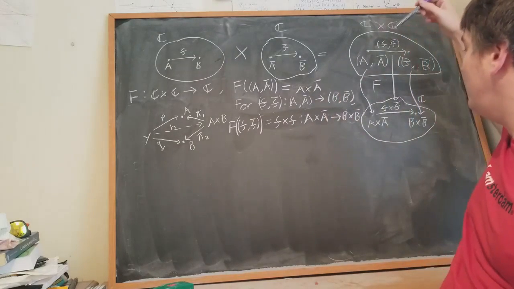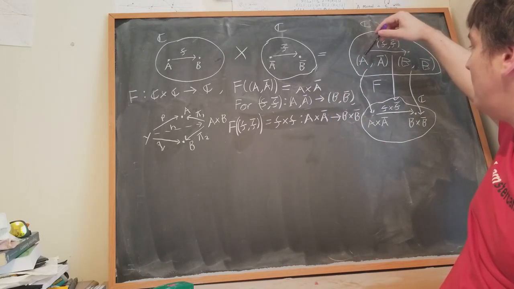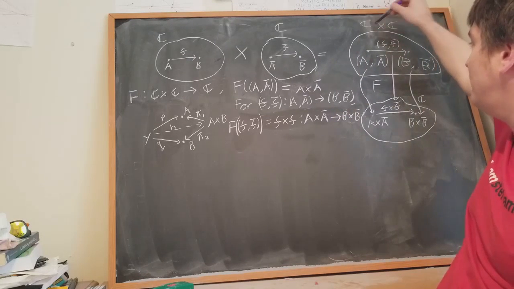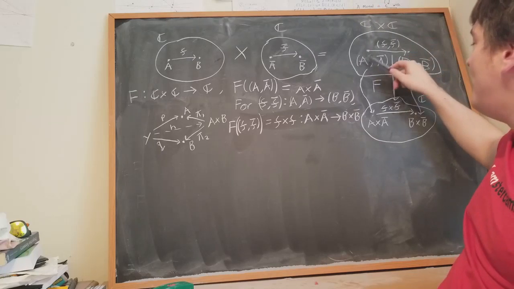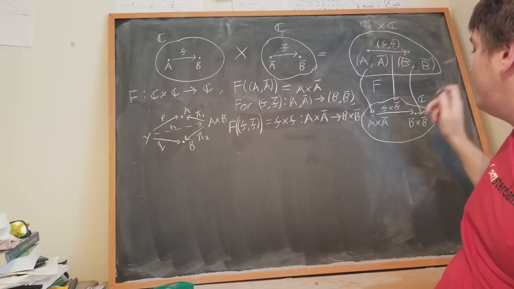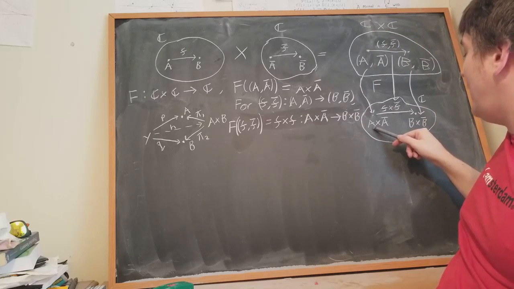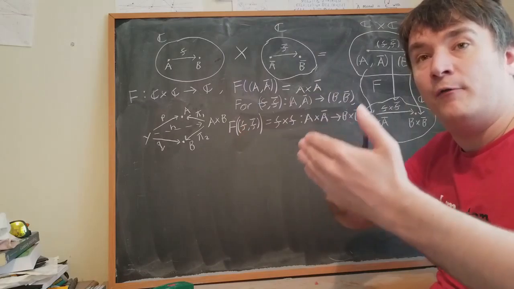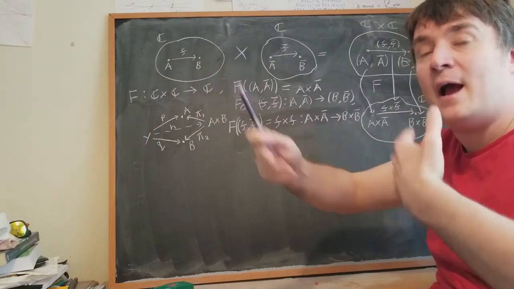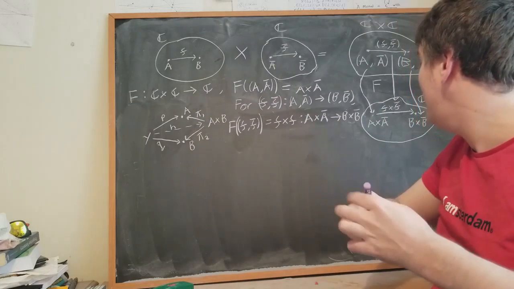So we're going to associate every object over here, an object of this category, which is a pair, with a categorical product of the two things in that pair.